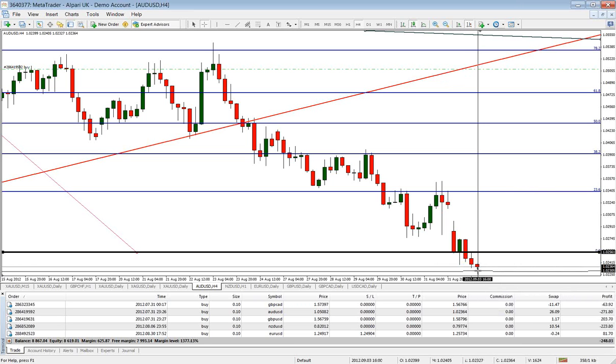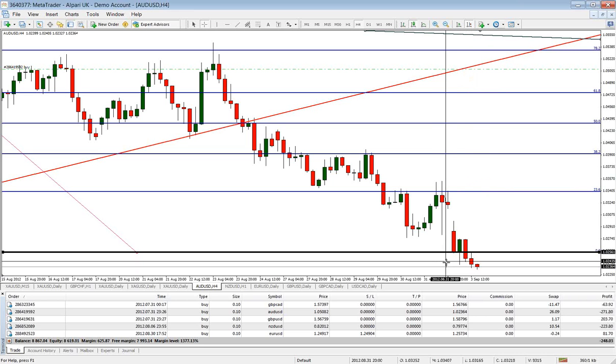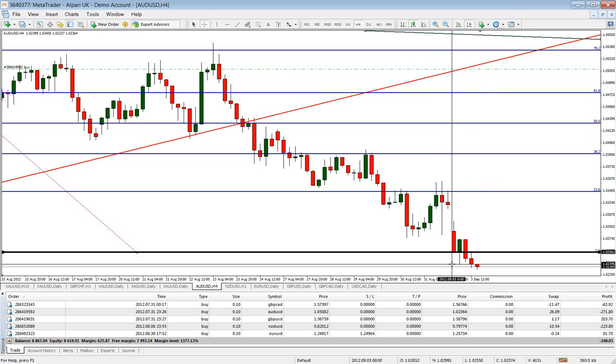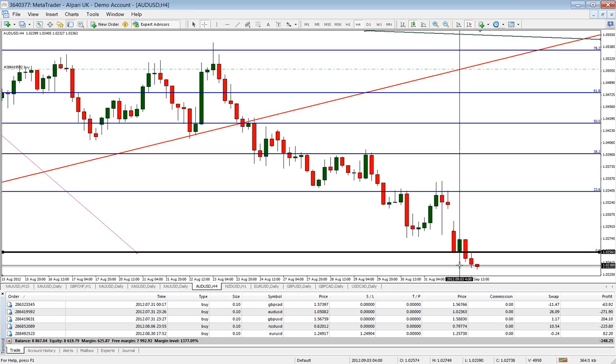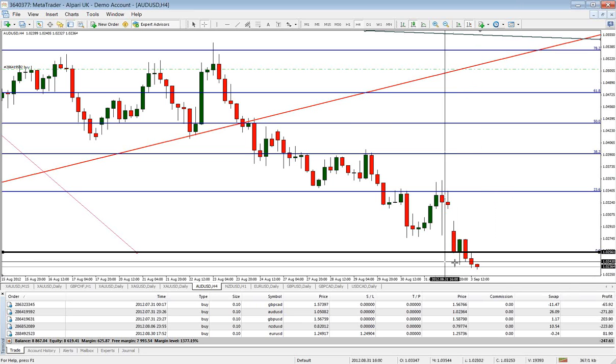I believe we will have some sort of bounce right at the current levels, but if we manage to close a day below the 0.240 level, which is the lowest point here, then we will probably go further down. But I don't believe this will be the case. This is still a support that hasn't been broken.